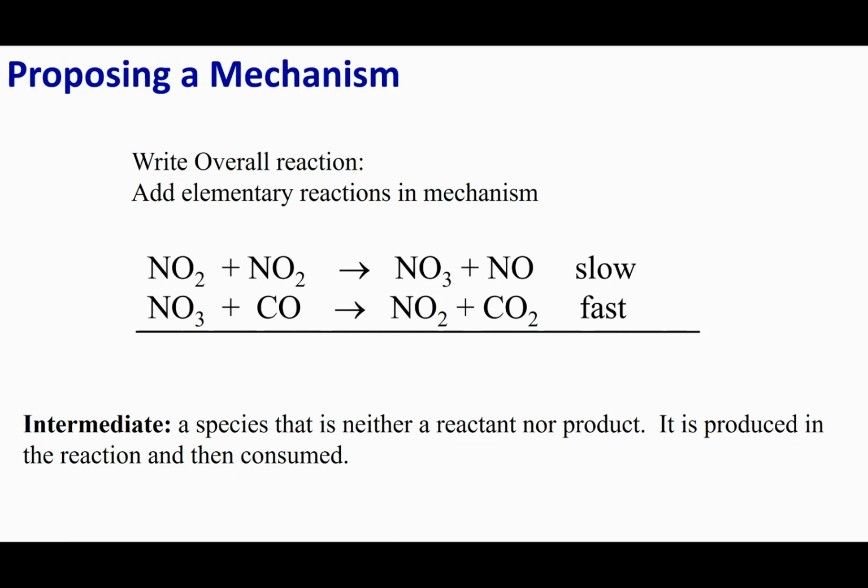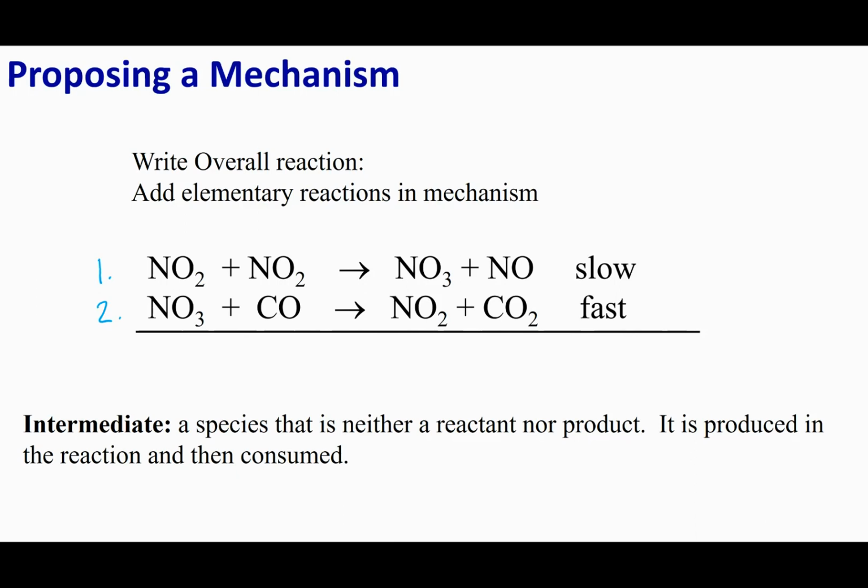The reaction has step 1, followed by step 2. In step 1, NO2 is going to combine with another NO2. This is going to generate an NO3 plus an NO. In the next reaction, the NO3 is going to combine with CO to make NO2 and CO2.